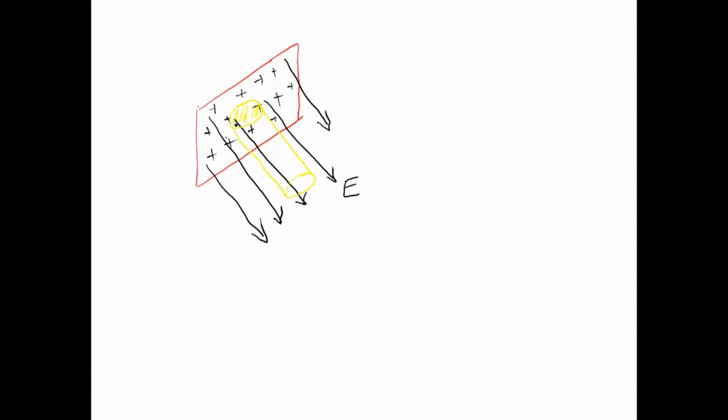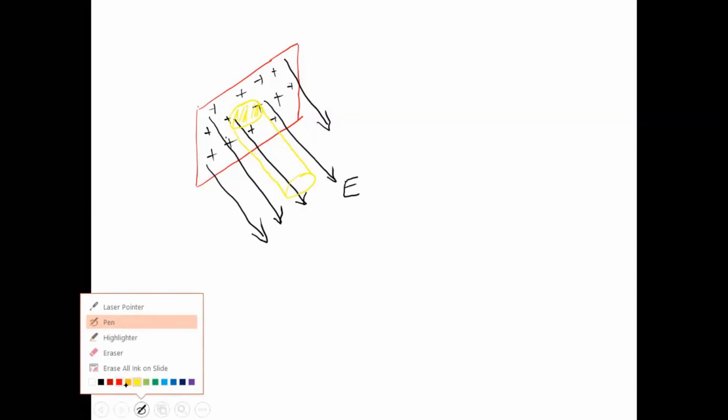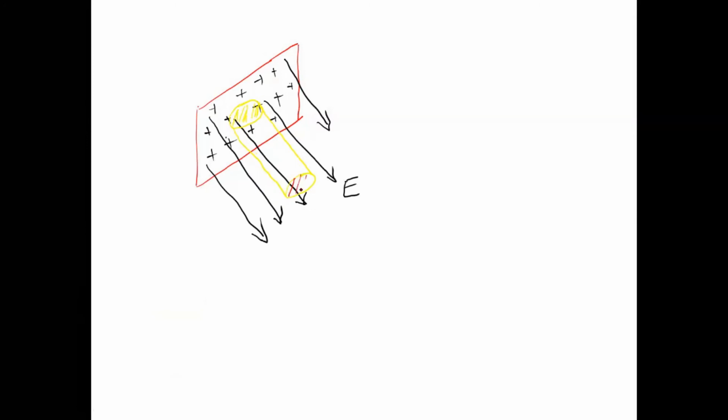So this basically is the Gaussian surface. A cylinder always has the curved area and it also has the cross-sectional area. The only place where the electric field lines are passing is this one here.